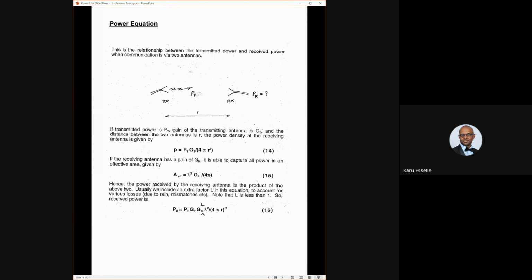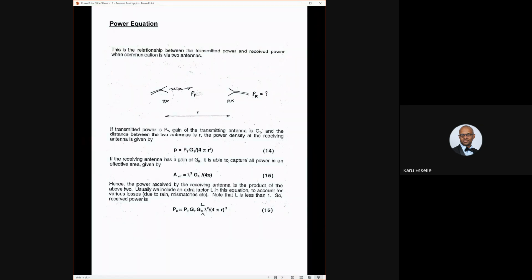Now power, right? Almost always we use the antenna as a part of a system, a communication system or any other. So we transmit a certain amount of power and we need to determine what is the received power.